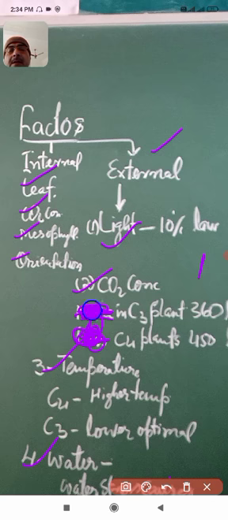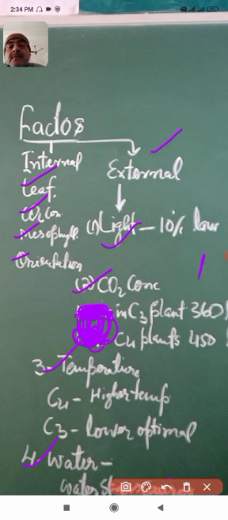So the limitation of the carbon dioxide concentration in C3 plants is 360 and the limitation in C4 plants is 450, because of the double cycles that run in C4 plants. So if the carbon dioxide concentration is more than 0.05, since the atmosphere has 0.03% carbon dioxide, if it increases to 0.5, this is the optimal level, photosynthesis takes place in a good way.